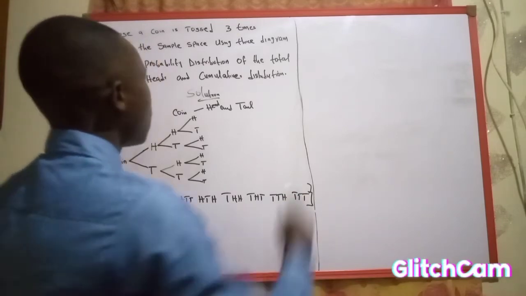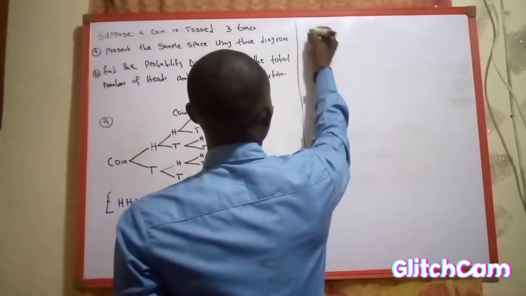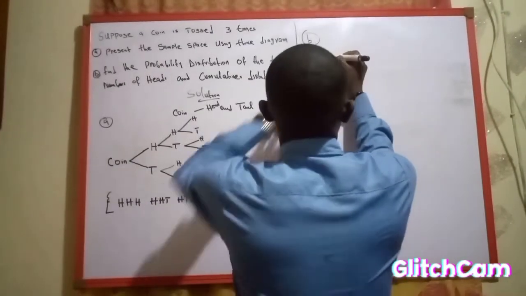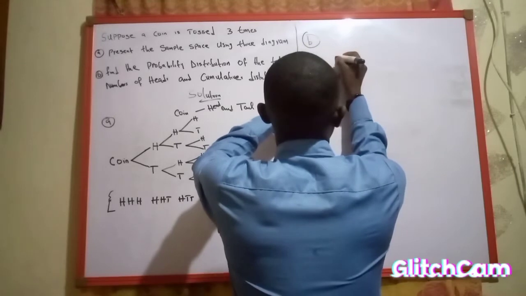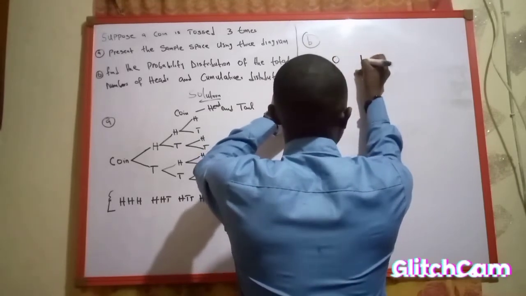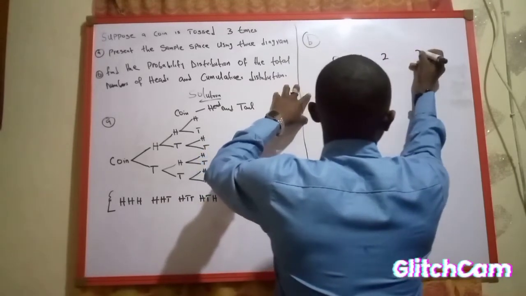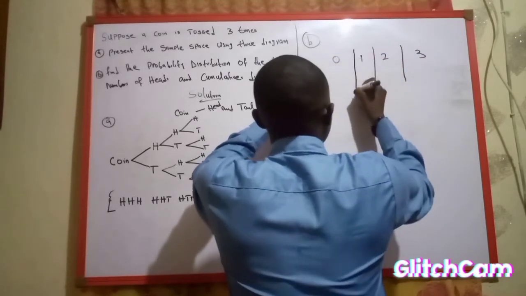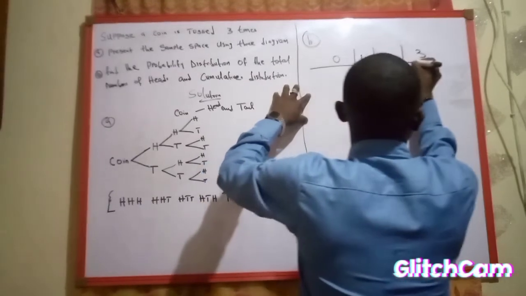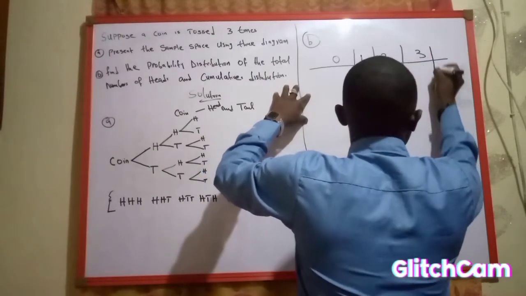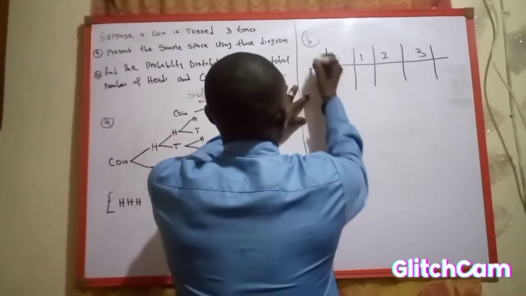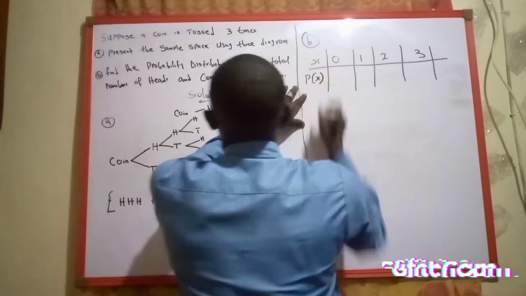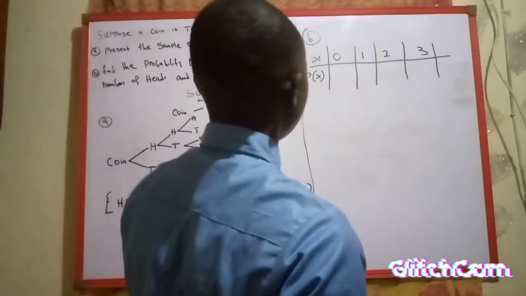So for B, I can present it in a tabular form. We have where there is no head, 1 head, 2 heads, and 3 heads. This is my S, and this is the probability of the number of heads.